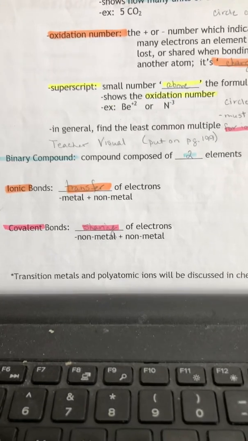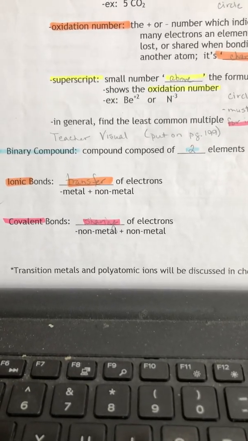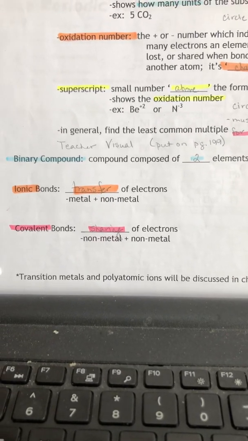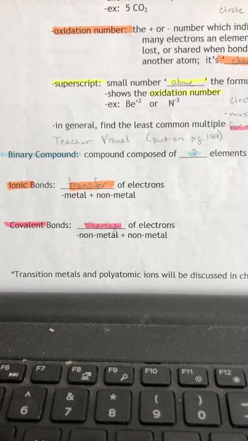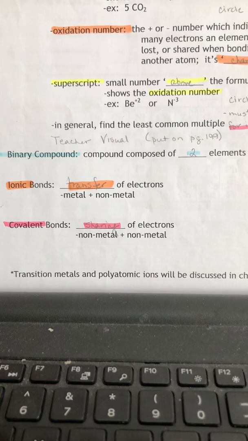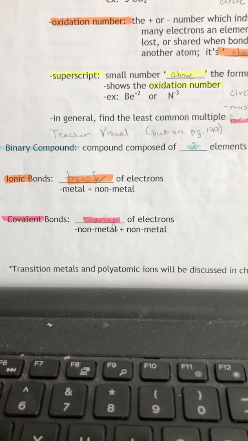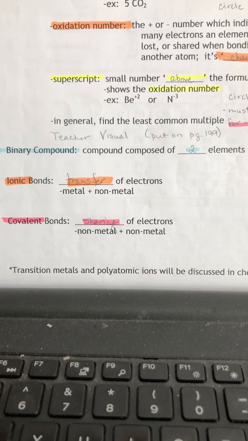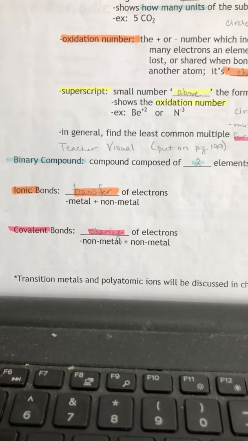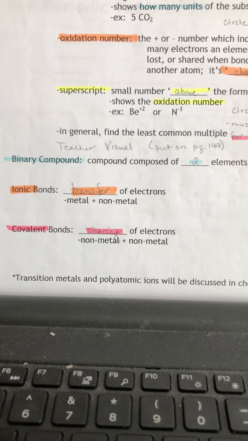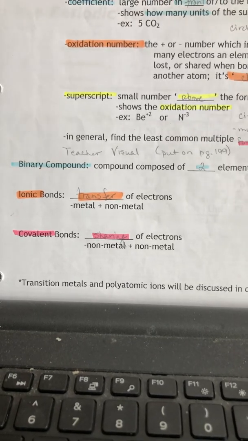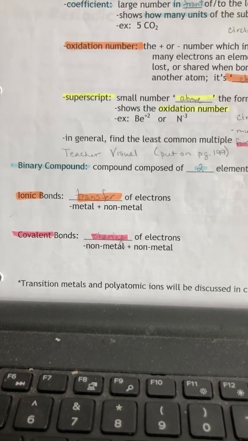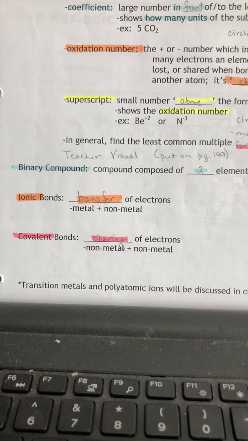The only other thing that you have in your notes is ionic bonds and covalent bonds, which we've already talked about. But I just want to remind you that ionic bonds, there's a transfer of electrons, and covalent, there is a sharing of electrons. When we go to name the binary compounds, which are made up of 2 elements, you are going to have to look to see if they are both nonmetals or if one is a metal and one is a nonmetal.